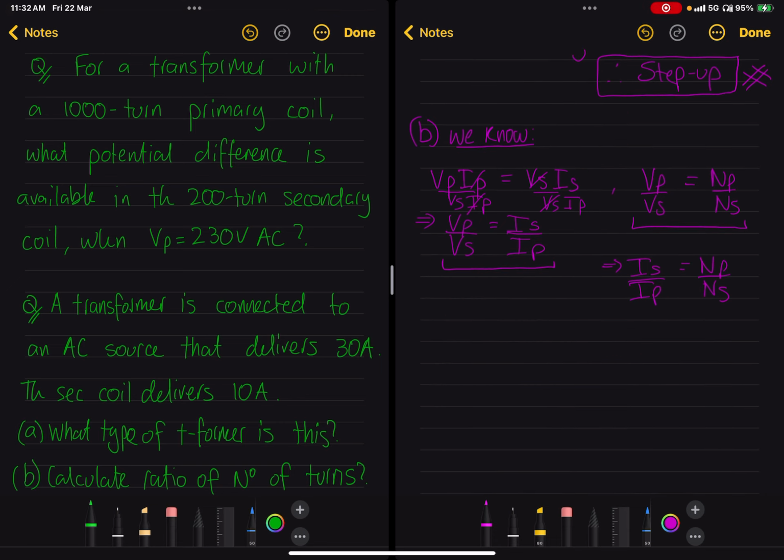We know Is, we know Ip. Is is 10, Ip is 30. This means that 1 on 3 is equal to Np on Ns. And this tells us that the ratio of the number of turns on the primary coil to the number of turns on the secondary coil is equal to 1 to 3. Right, for every 1 on the primary coil, there will be 3 on the secondary coil.